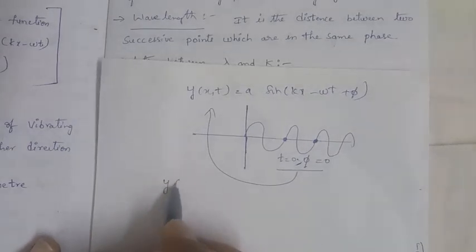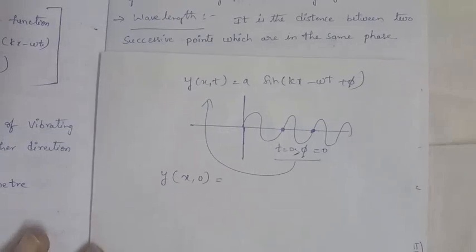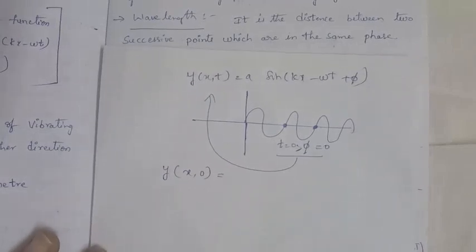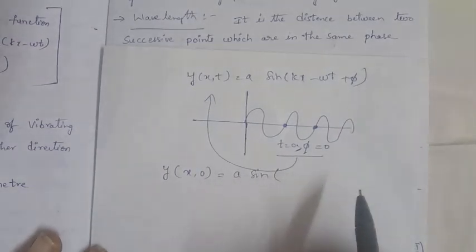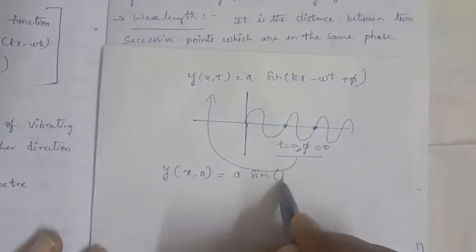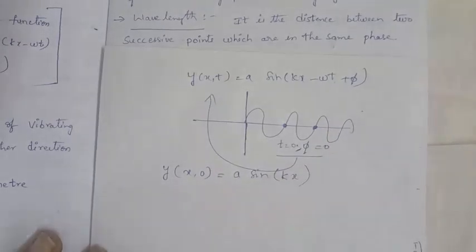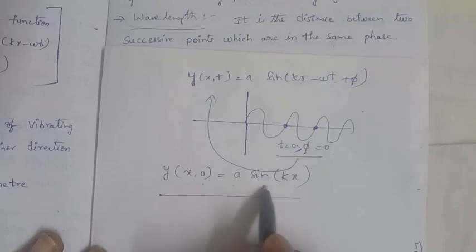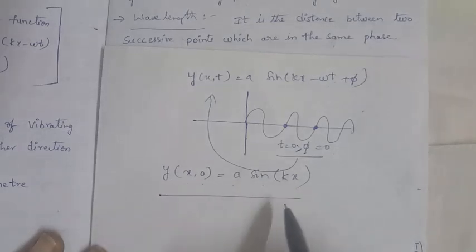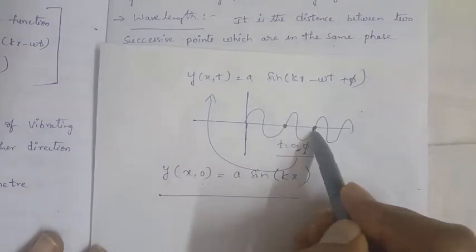So y of x comma 0 is A sin kx, with omega t equal to 0 and phi equal to 0. This displacement is the y point, and the same point is repeated here.